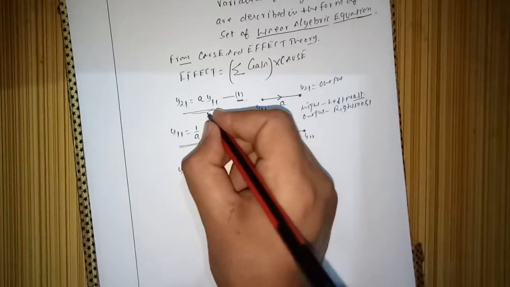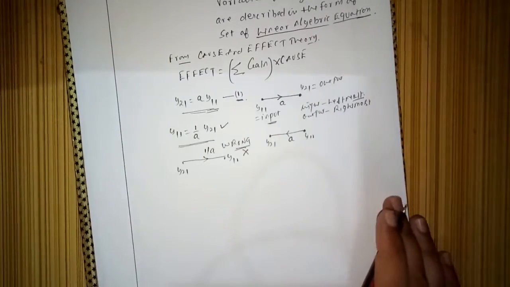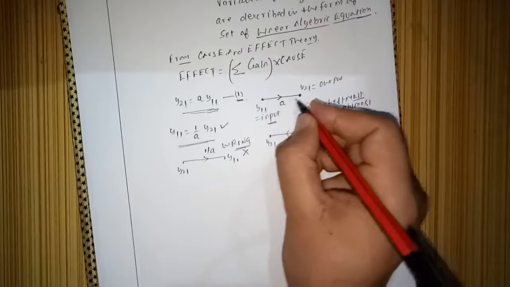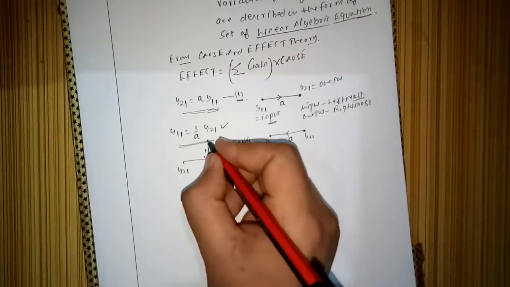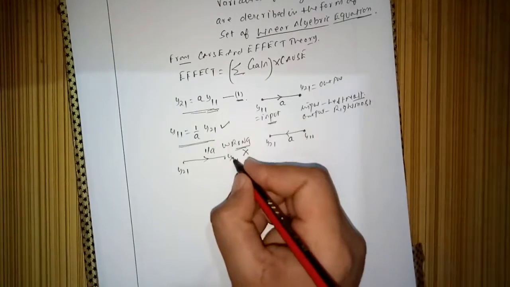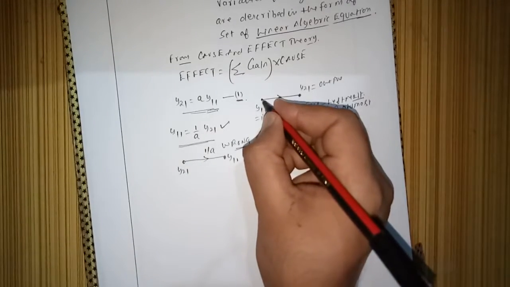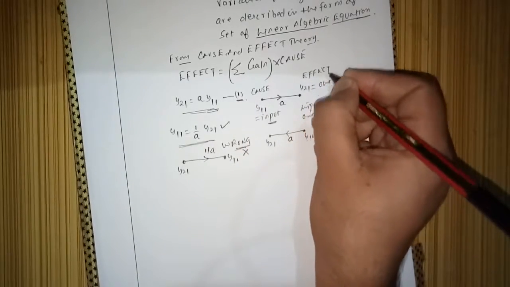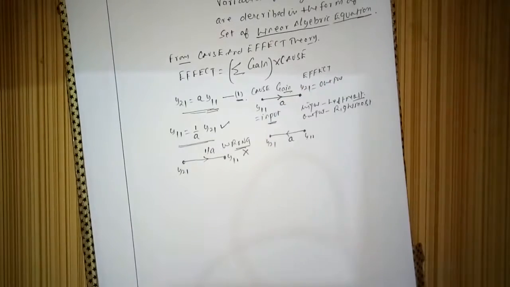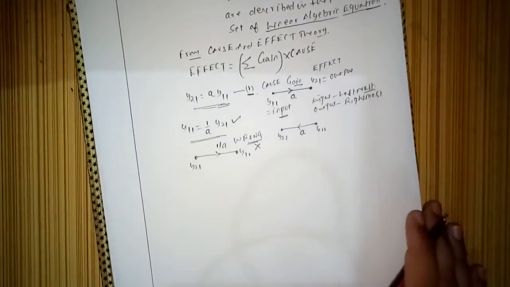We are assuming another parameter may be associated, but since we are taking a very general case at the beginning, we take this as input and this as output. So this is wrong. It may be mathematically correct, but a signal can be transmitted only from cause to effect, with the associated gain. So an effect cannot produce a cause. That is the theory behind the development of signal flow graph, right?